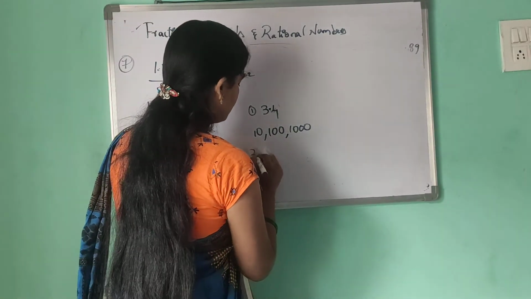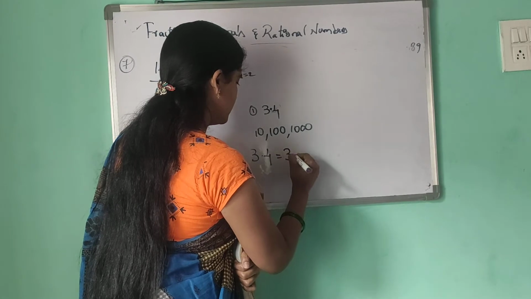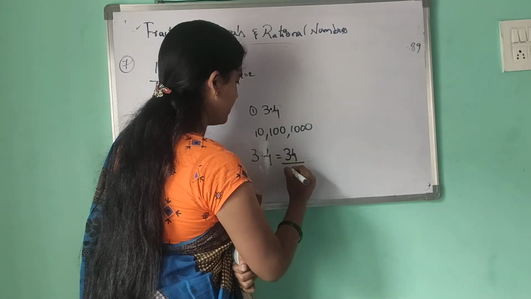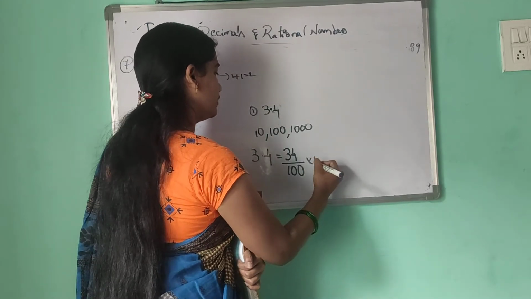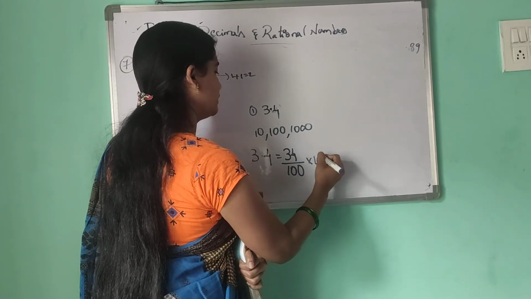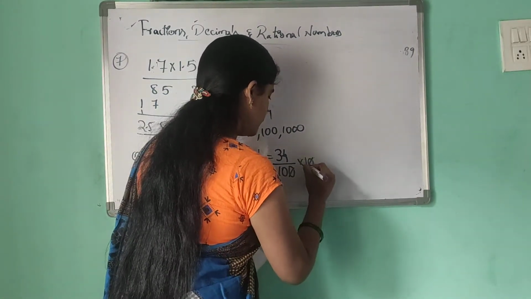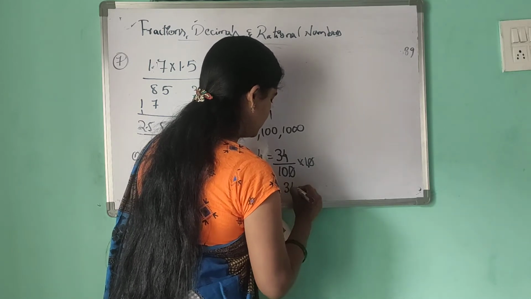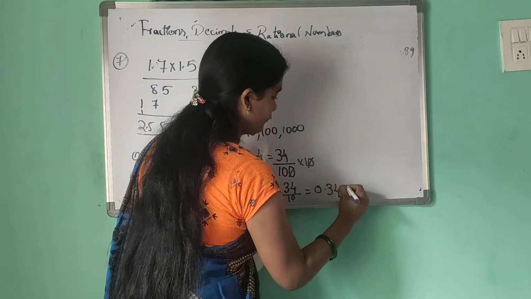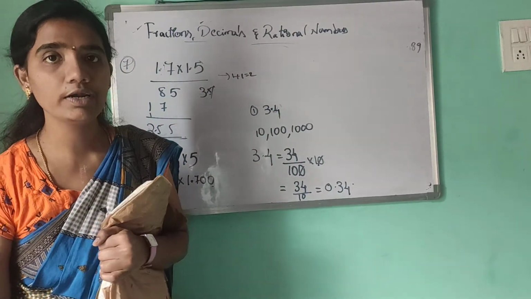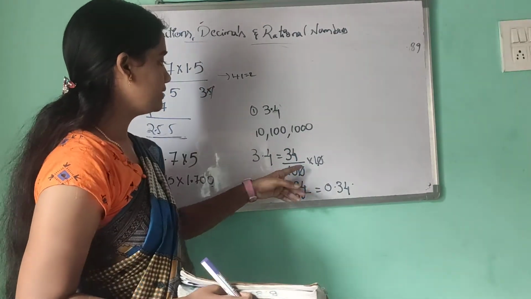So here, converting 3.4 as 34 by 10. Sorry, I am taking 10. So one zero is cancelled. 34 by 10, the answer is 0.34.